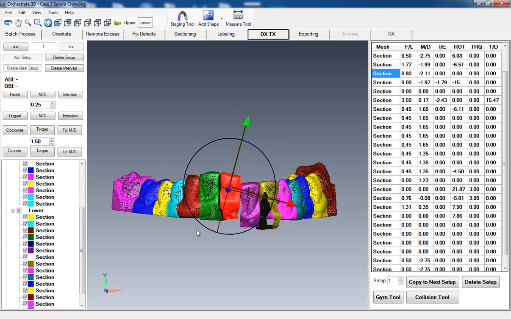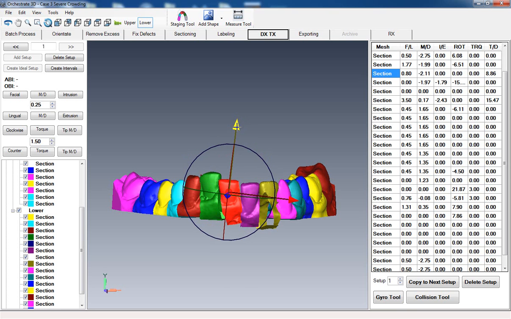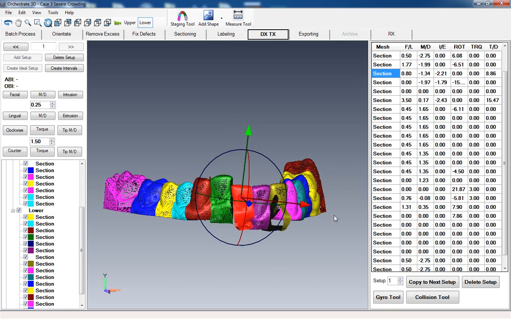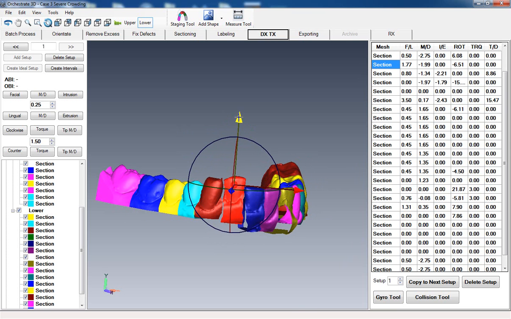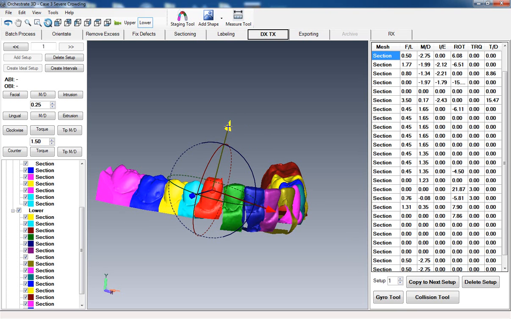This central needs quite a bit of tipping, and also a lot of intrusion. And this lateral here needs a lot of intrusion, and this cuspid needs a lot of intrusion.